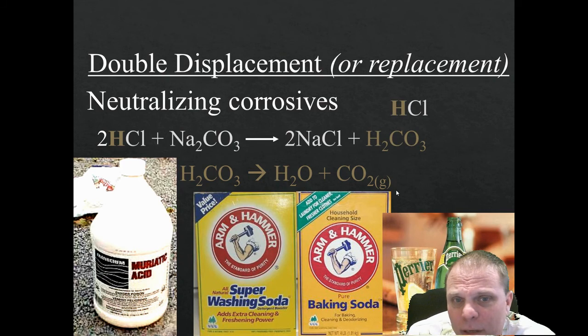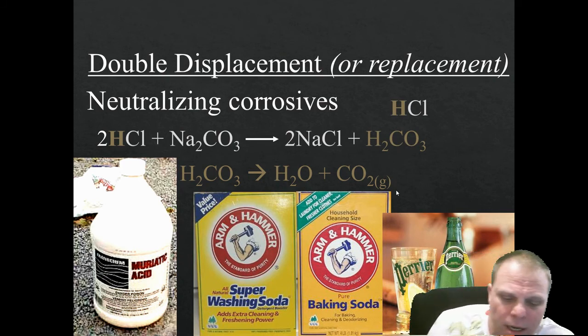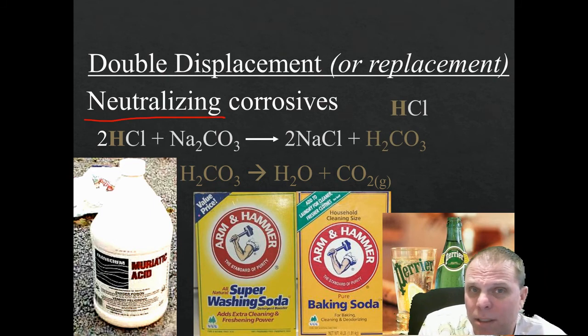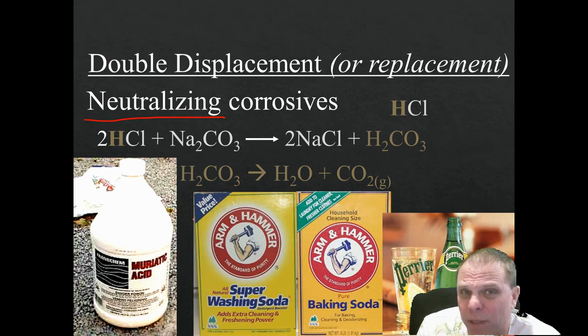Another good example of a neutralizing double displacement reaction, and I want you to remember and focus on the fact that this is called a neutralization reaction, okay? So it's a double displacement reaction. It's a very particular type of double displacement reaction, though. It's called a neutralization reaction or a neutralizing reaction. In this case, we're neutralizing a corrosive like hydrochloric acid.